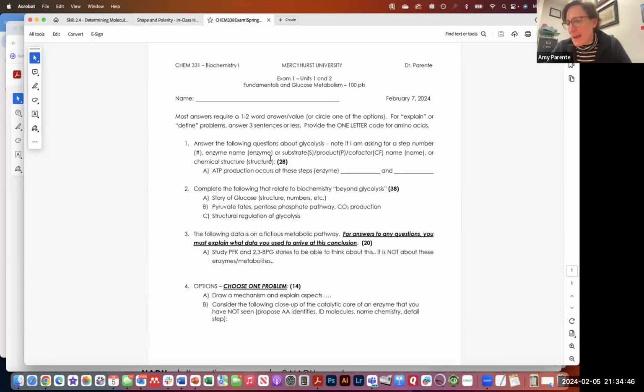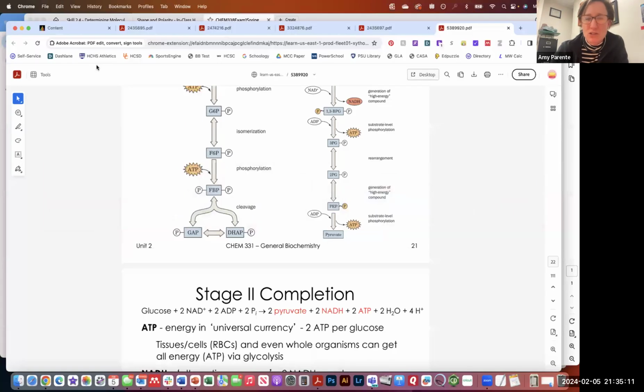It's not for all of them, but I am going to ask you for a chemical structure for something. If you were given a name of something, hopefully you could work your way through what the structure is. You have to know glucose. We've had to know glucose forever. Fructose, we've drawn enough. And for everything else, you might be able to use some organic chemistry skills to deduce what that structure is if you don't remember.